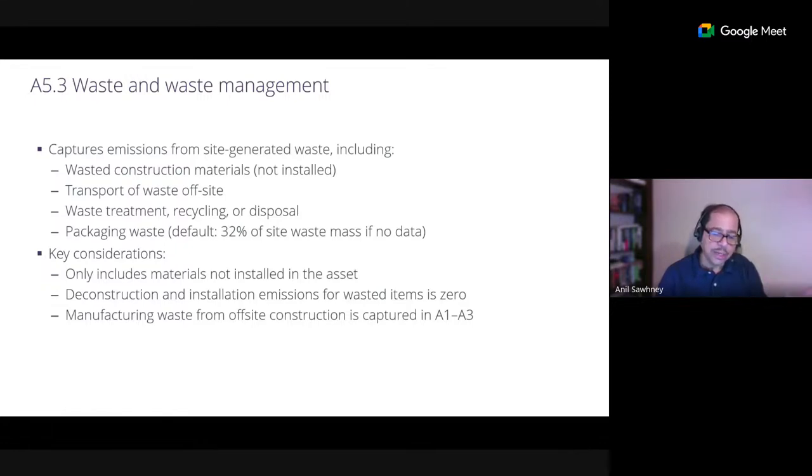That is still considered the product stage, not the construction stage. So, minor clarification there. If your construction project is going to use extensively modern methods of construction, such as prefabricated panels, all manufacturing waste will go into A1, A2, A3, and not A5.3, this particular submodule within module A.